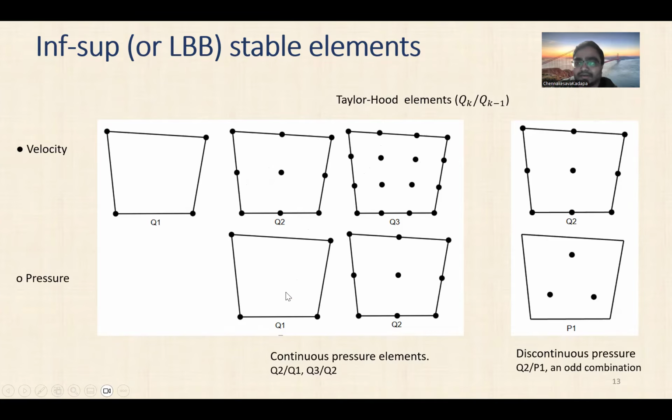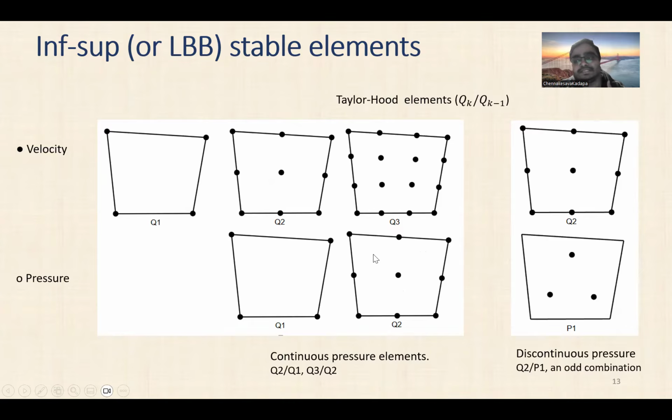These are all continuous pressure, and for discontinuous pressure there is this odd element Q2 P1. P1 means a triangular approximation, but we use it within the quadrilateral domain. It's a bit odd, but mathematicians like it.